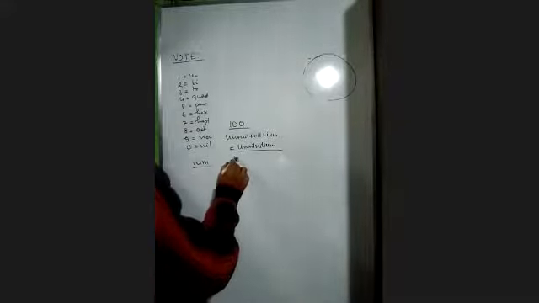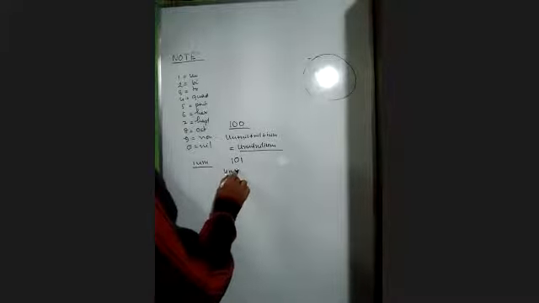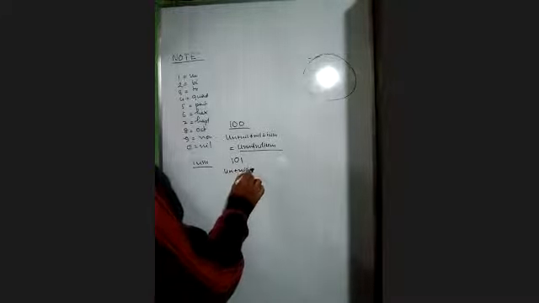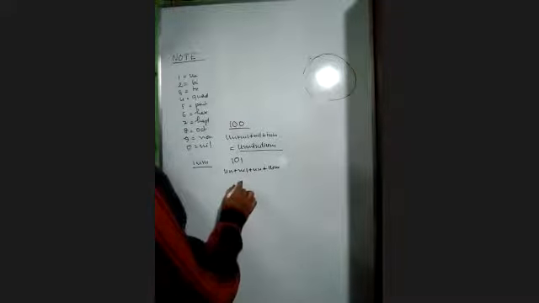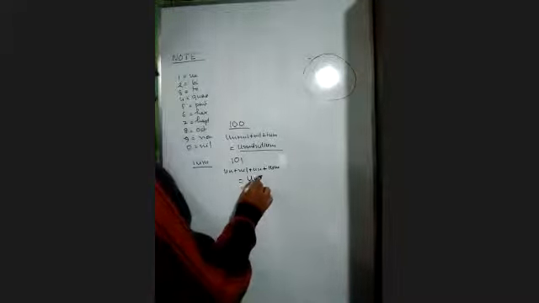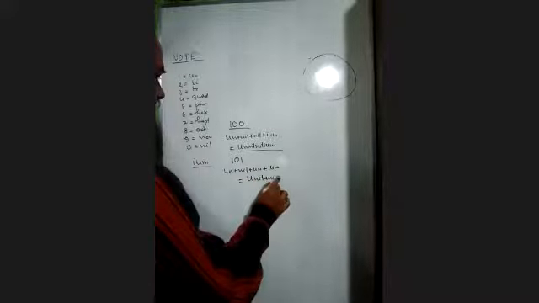Understood? If it is 101, we write un nil un plus ium. So we call it Unnilunium.